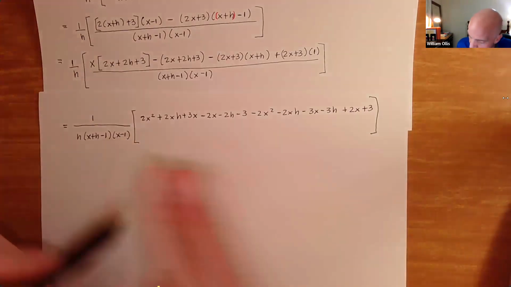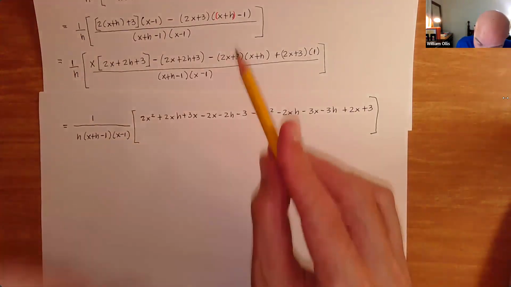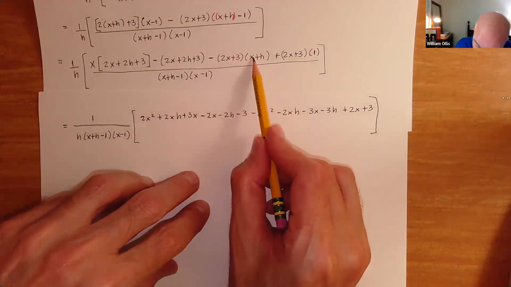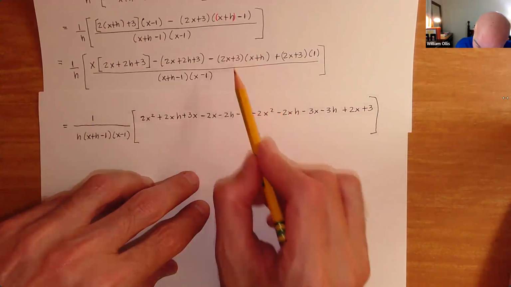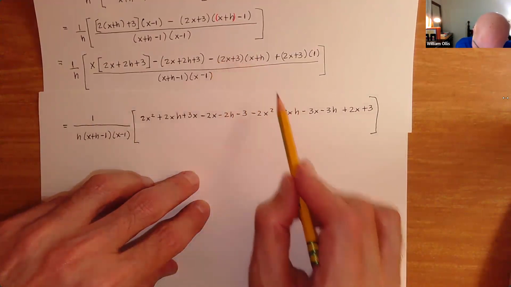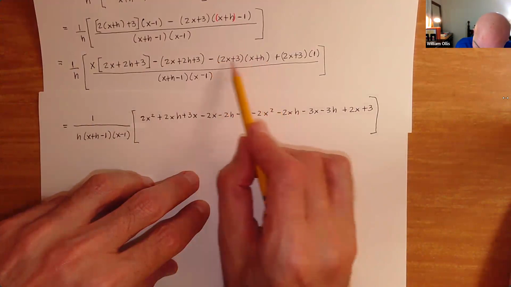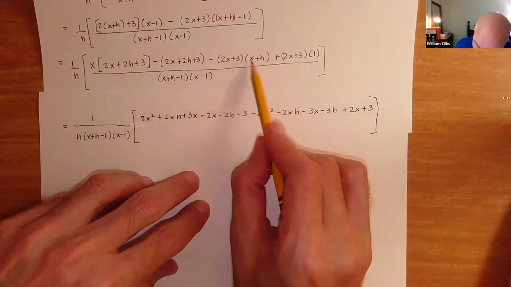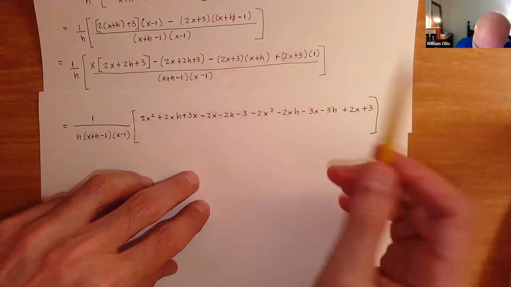So again, let me just reiterate what we've done here. We do, using the distributive law, x times 2x is a 2x squared with a minus sign, h times 2x, 2xh with a minus sign right there. And now we multiply the 3 by the x and the h. And you can do this in either order.